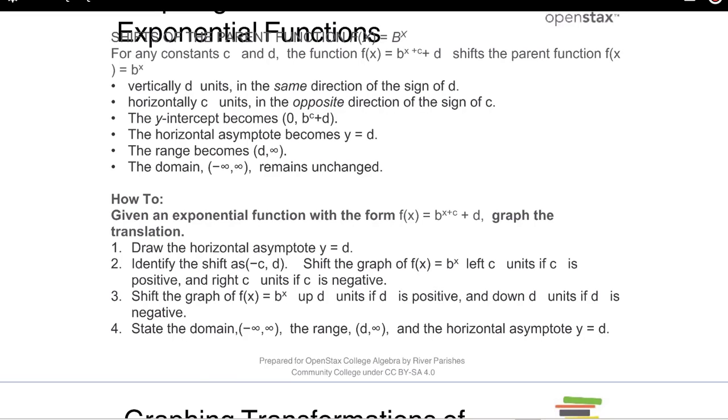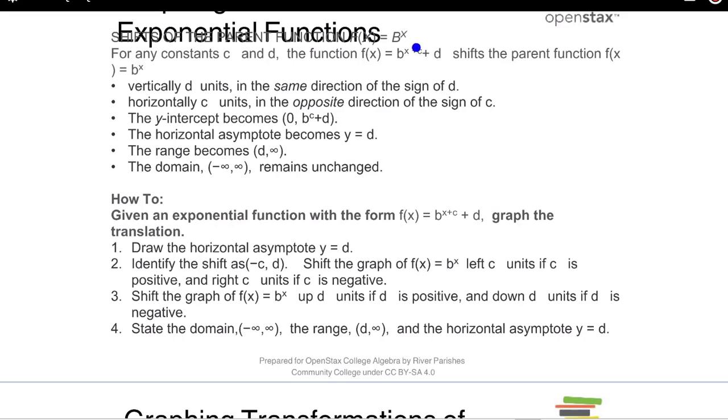This does kind of help you to see how things shift, though, and how it changes the domain and the range based off of the transformations being made. So if we have the function b to the x plus c, plus d, notice what happened. Before we had just b to the x, now we're adding c to the x and we're adding d to the entire function.